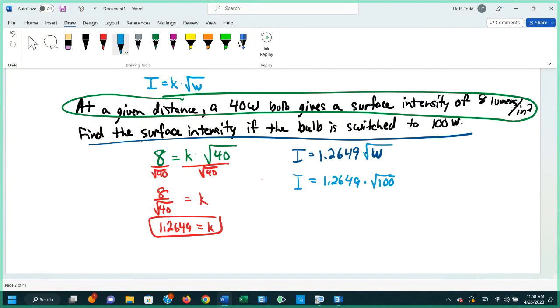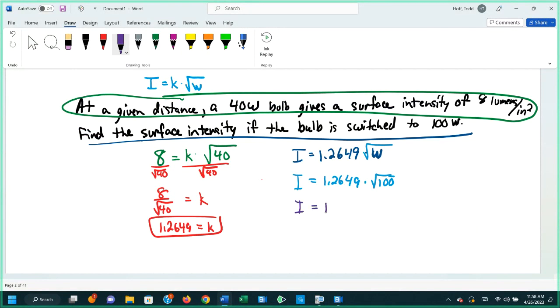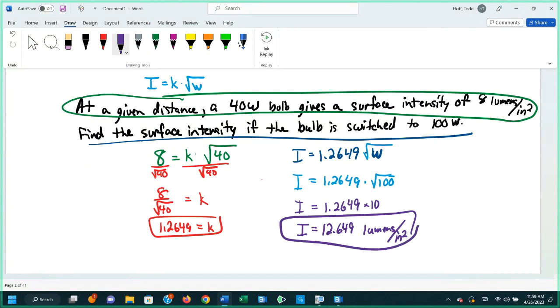So we've got a few steps to calculate here, a couple steps at least. First of all, the square root of 100 is 10. And 10 times 1.2649 is 12.649. And that is going to be lumens per square inch again.